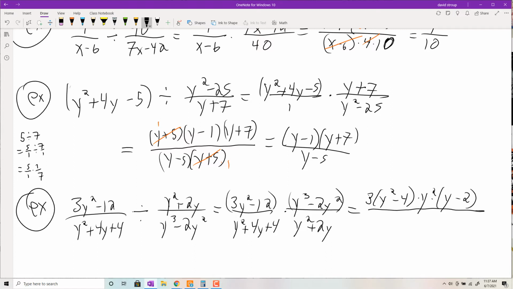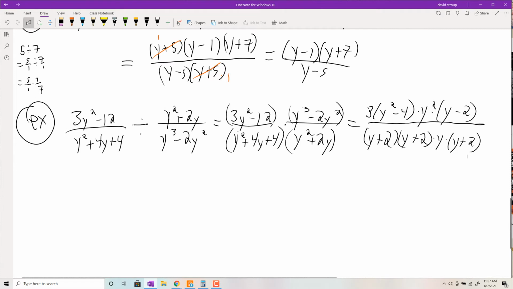And then downstairs, this trinomial will be plus plus, and it looks like a perfect square trinomial with 2 and 2. And then this last guy, I can factor out a y. I get y plus 2. The numerator isn't completely factored.